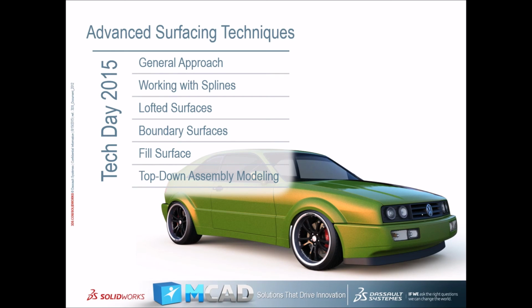And then for filled surfaces, in those areas where you've got an odd number of edges, either 3 or 5 or more, fill surface works great because you can still control the continuity at the edges of the body.